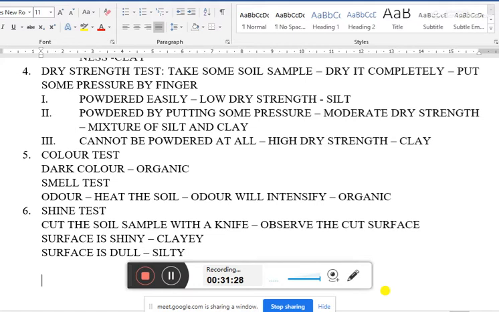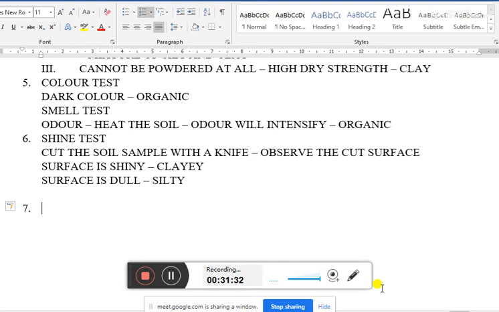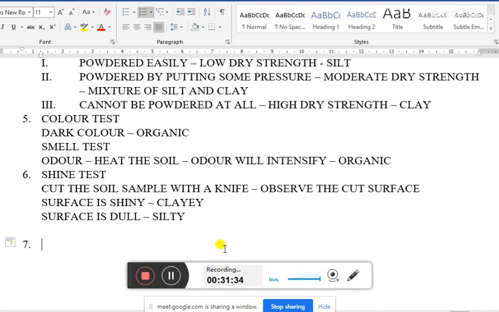Another test, which cannot be performed in the field but needs the help of a laboratory, is the acid test.